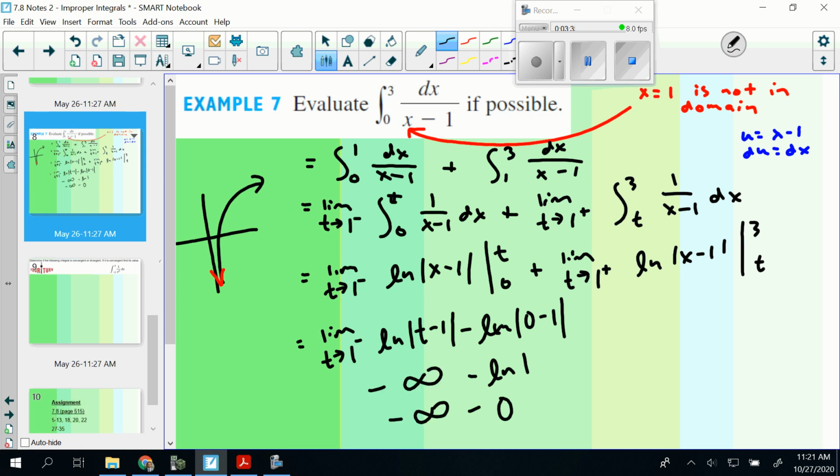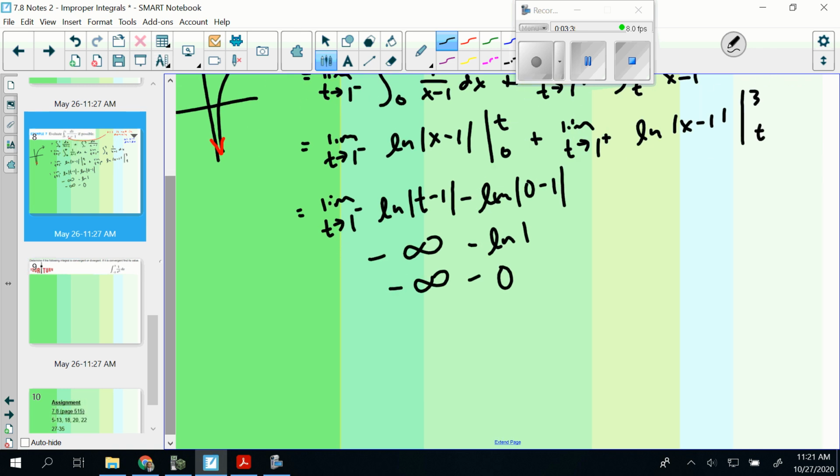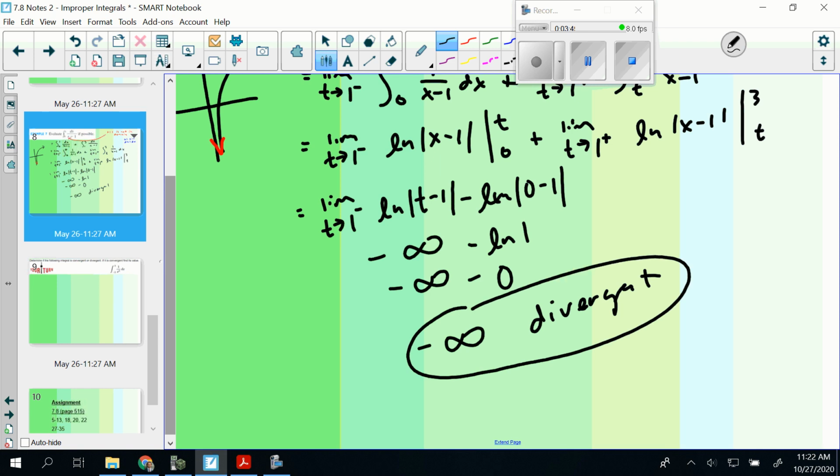So we don't even need to evaluate that other one, because right now we know that this side is not going to be convergent. This is a divergent one. As soon as you see that part of it, even though we didn't really do this limit, this is going to come out to be divergent.